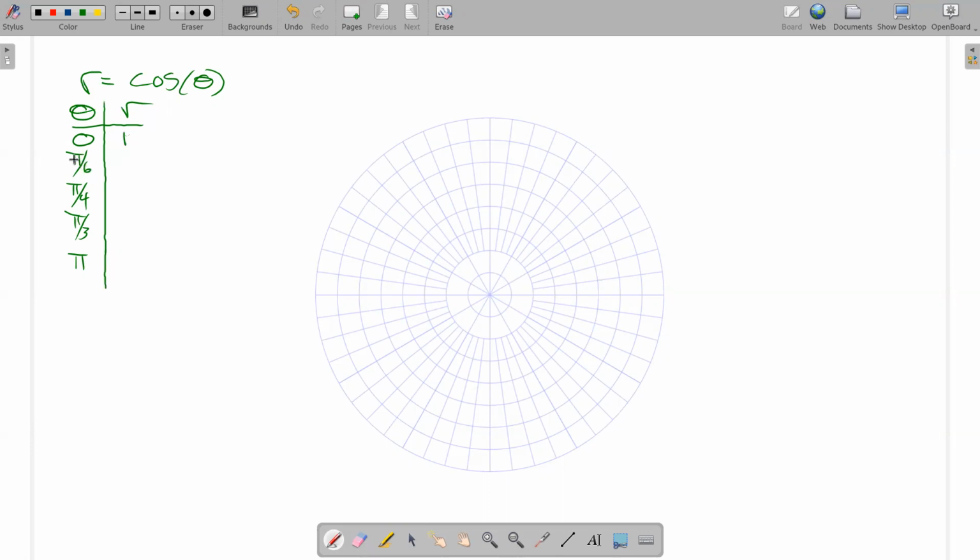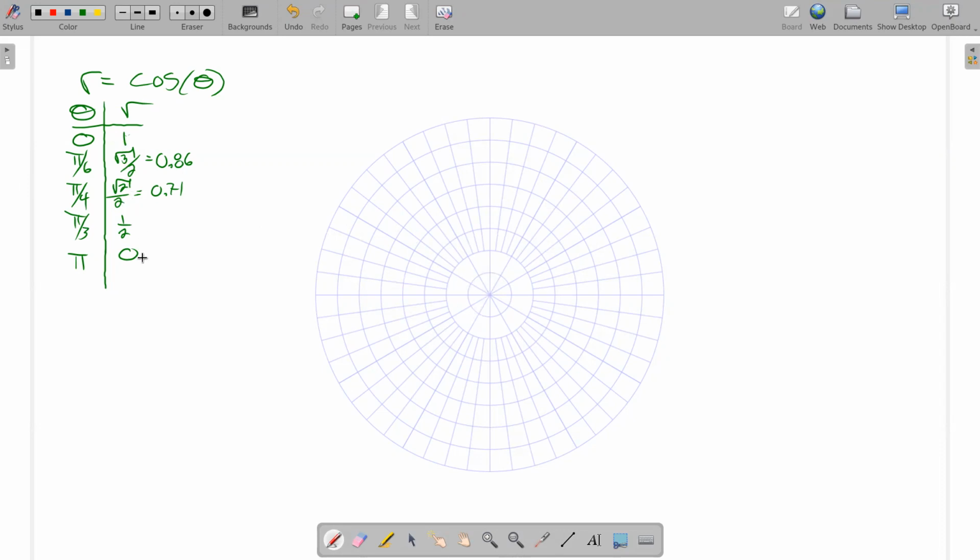Cosine of pi over 6 is the square root of 3 over 2, which is around 0.86. Cosine of pi over 4 is square root of 2 over 2, or 1 over the square root of 2, which is about 0.71-ish. At pi over 3, we get a half, and then at pi over 2, we get a value of 0. So let's graph those r, theta.